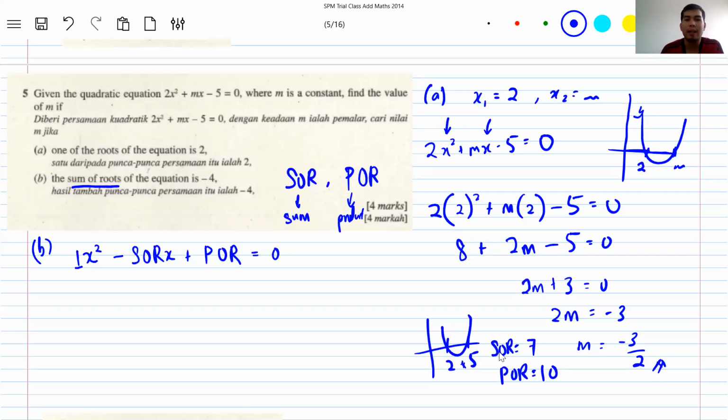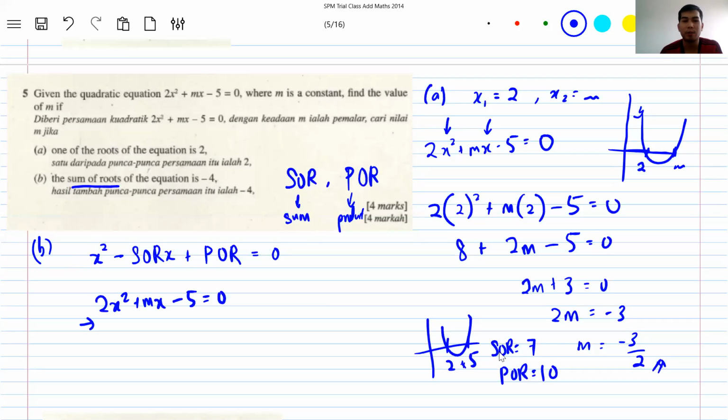So with this in mind, how should we approach the question? This is something you've learned. How do you apply it to this question? Given the equation 2x squared plus mx minus 5 is equal to 0, you have to bring this down to 1. It has to be 1x squared. That is the theory that we have.